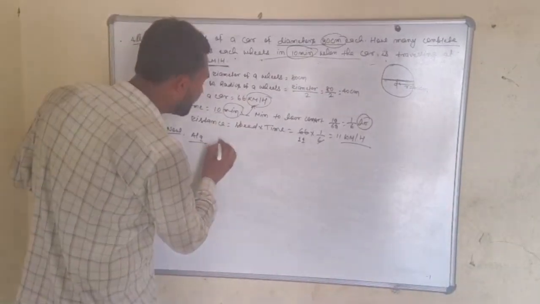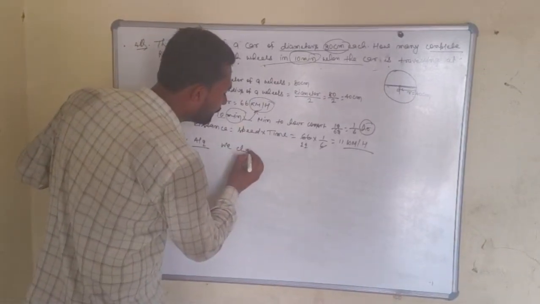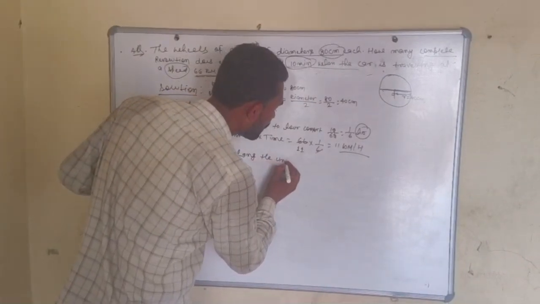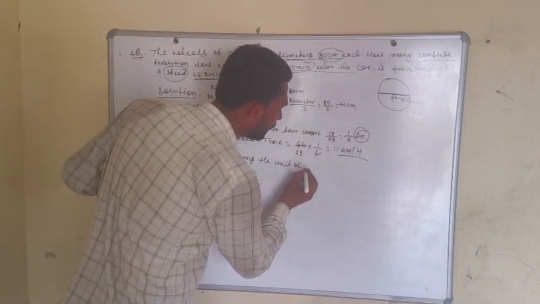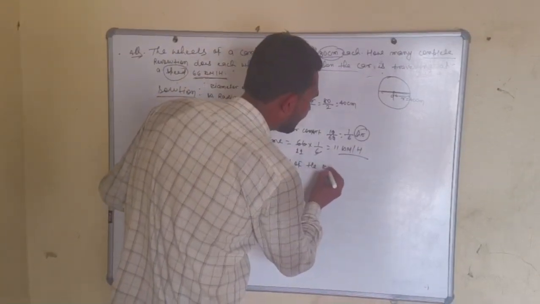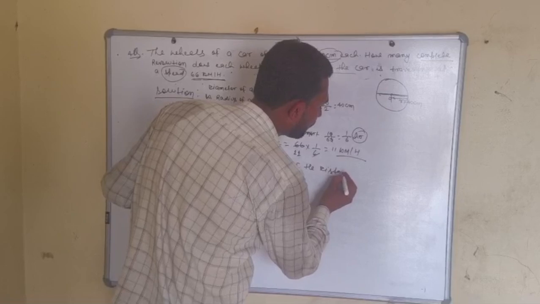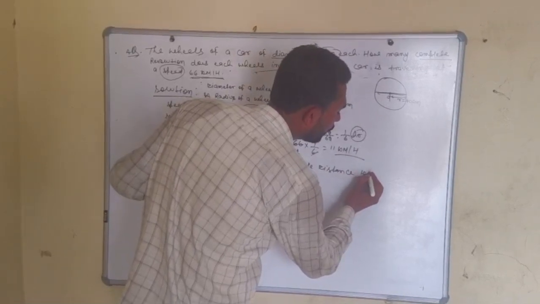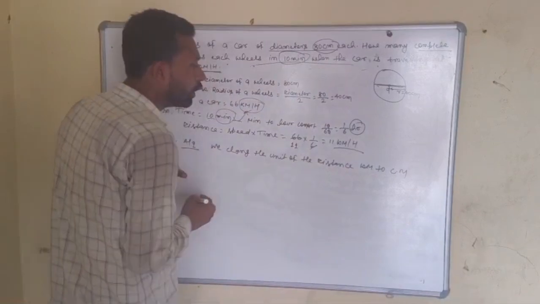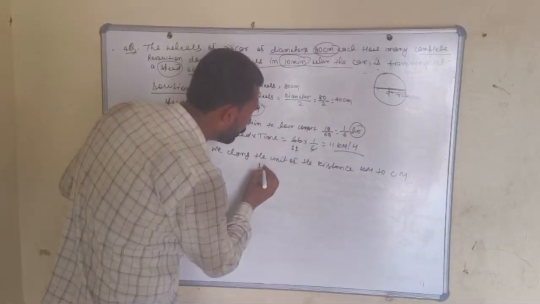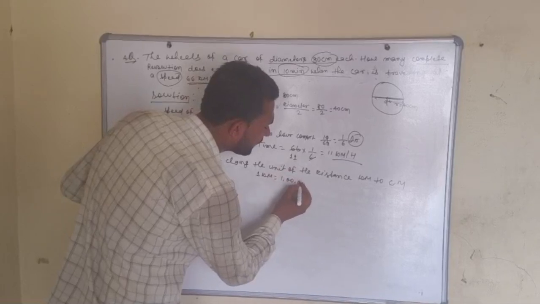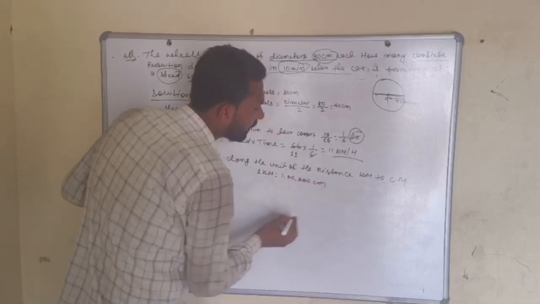Then we change the unit of the distance from kilometer to centimeter. 1 kilometer equals 1 lakh centimeter.